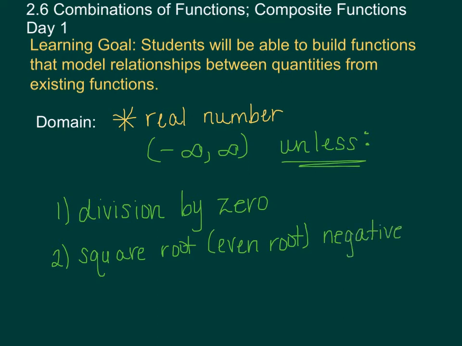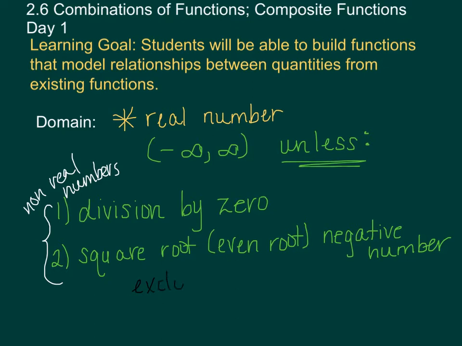So these are the two things that you have to watch out for that will cause your function to not be a real number. So if you see division or an even root, then you have to find those x values that you have to exclude that will cause your function to not be a real number.